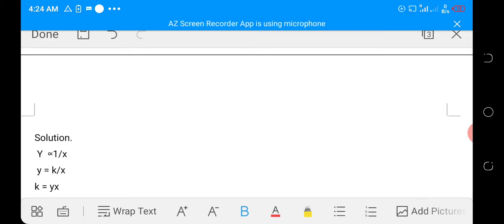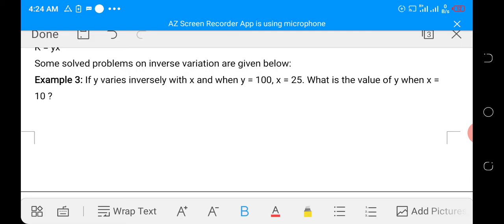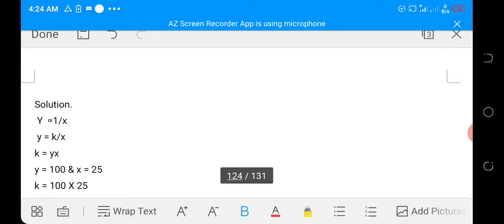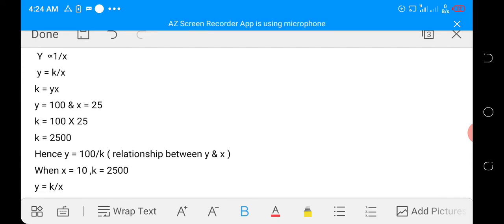Now let's go back to our question. From the question, we were told that when y is equal to 100, x is equal to 25. Let's substitute those two values in our expression for k. k is equal to yx. So when y is equal to 100, x is equal to 25, meaning that k is equal to 100 times 25 to give us 2,500.